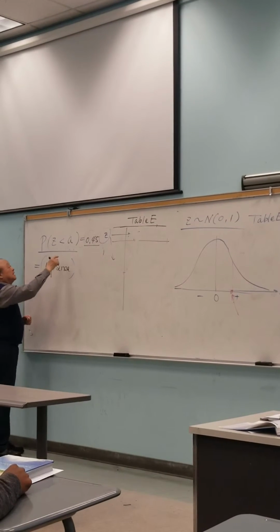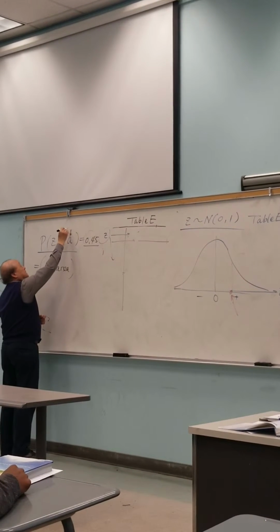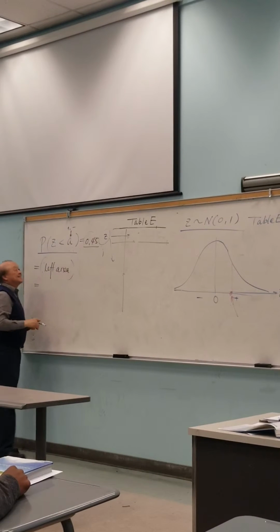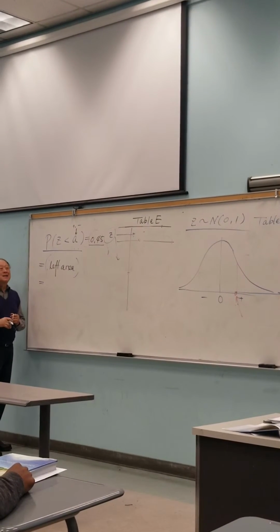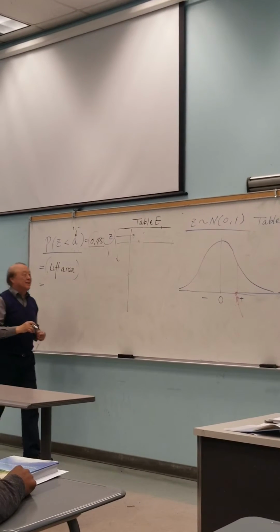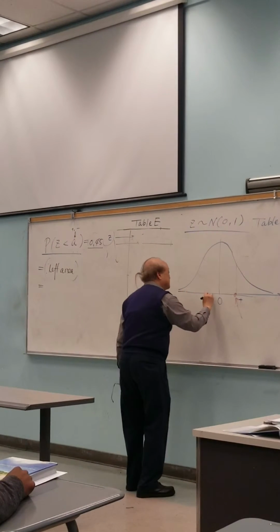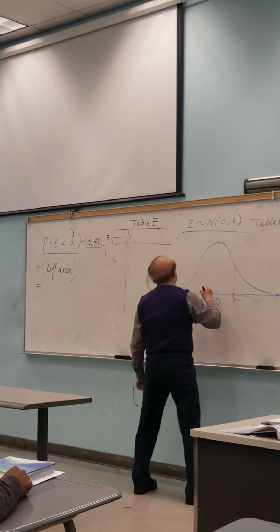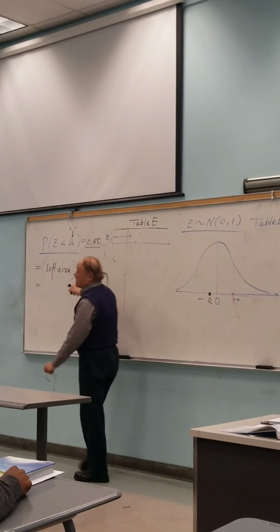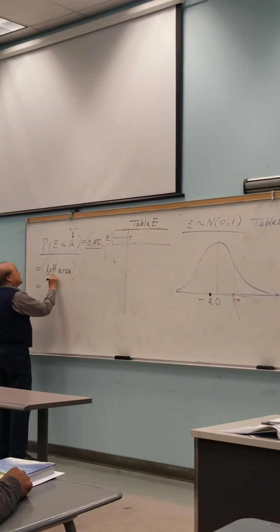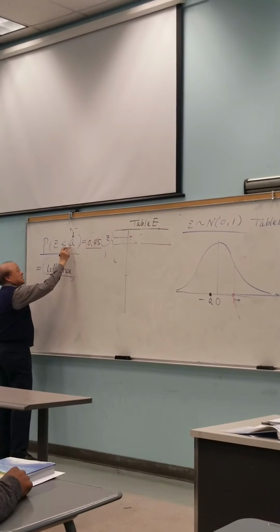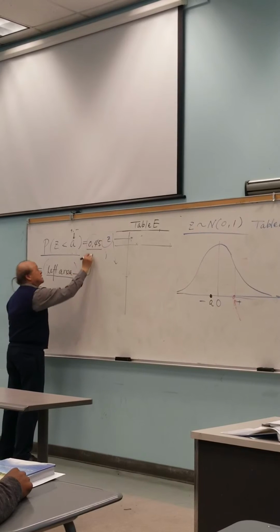Second question: do you think this is a positive number or a negative number? Some students immediately say negative. Why? Please understand the information: its left area is smaller than half.